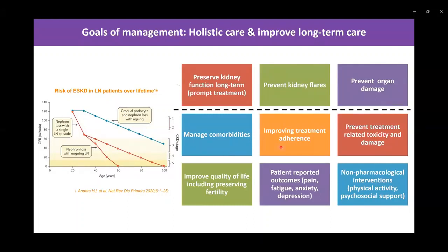It is important to improve treatment adherence, prevent treatment-related toxicity, improve quality of life, including preservation of fertility. It is important to recognize patient-reported outcomes, including anxiety and depression, and emphasize non-pharmacological interventions, including physical activity and provision of psychosocial support.